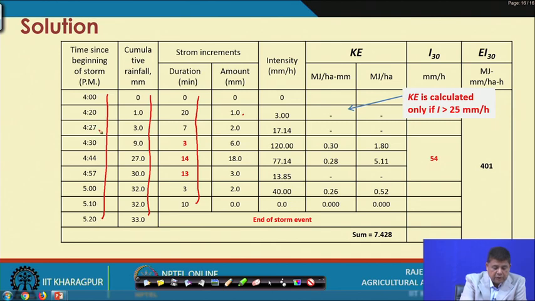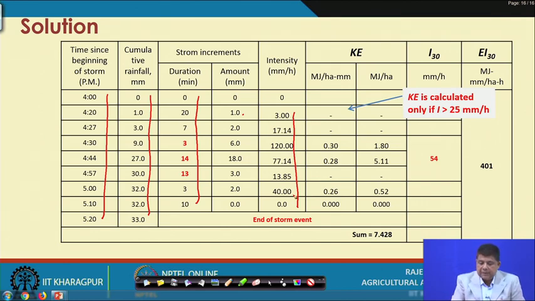Then in 20 to 27, 7 minutes, rainfall is 2 mm and so on. So, all those calculations remain the same. The data extraction from the rain gauge chart or rain gauge data given in tabular form remains the same. Intensity value calculation is also the same. So, we calculate till intensity, there is no change, the procedure remains the same as it was in the EI 30 method.